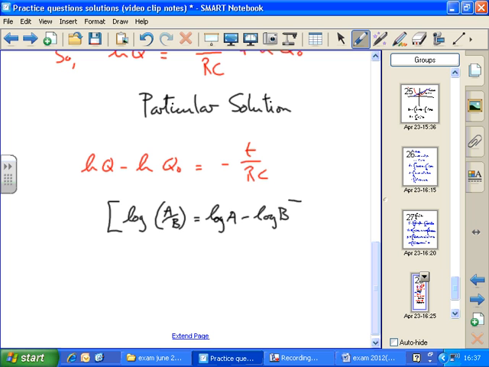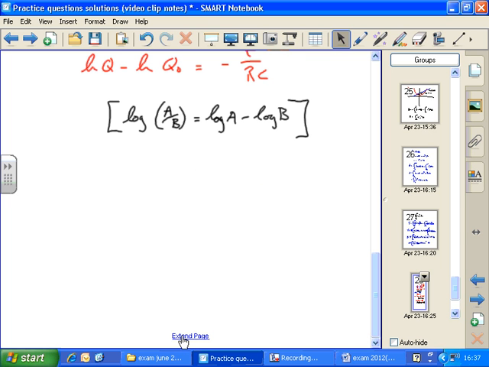And of course that log could be an ordinary log or a natural logarithm, which it was in this case. So I could rewrite log q minus log q0 as the log of q over q0, equals minus t over RC.